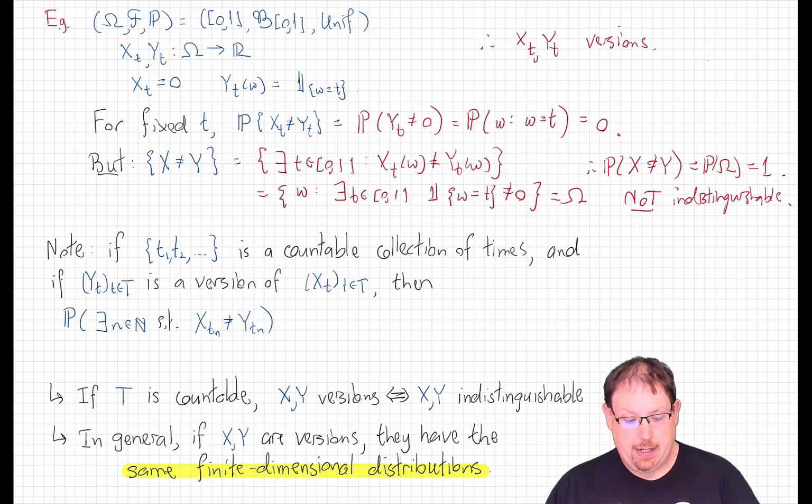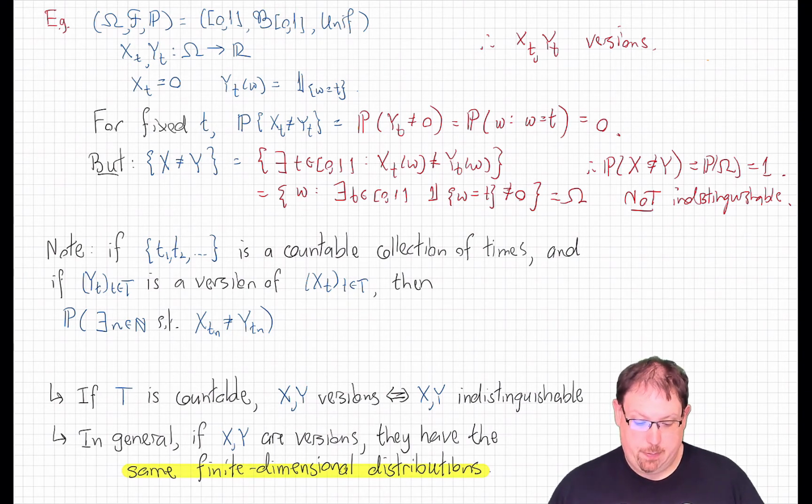Now that may look like a silly, contrived example, but we will see natural examples in the wild later on of processes that are versions of each other, but are distinguishable as processes.